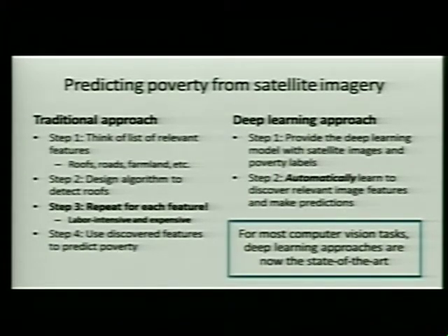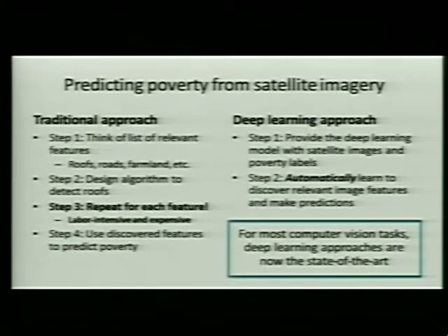Then in the next step, we would design algorithms to detect roofs and repeat this process for each of the features that we want to extract. Presumably there are lots of things that affect poverty, so you have to repeat this many times, and this becomes very expensive. Finally, if you do a good job of finding all of those features, you can then use them to predict poverty.